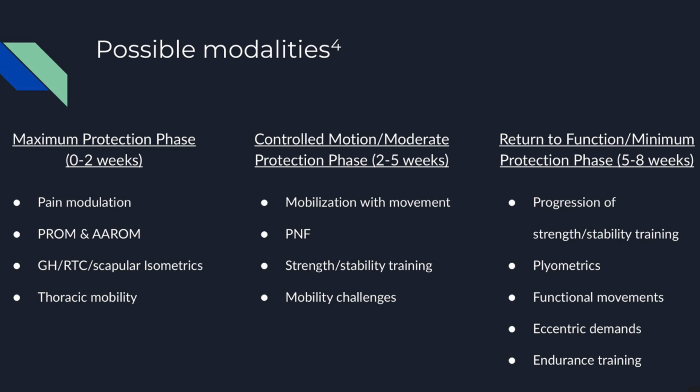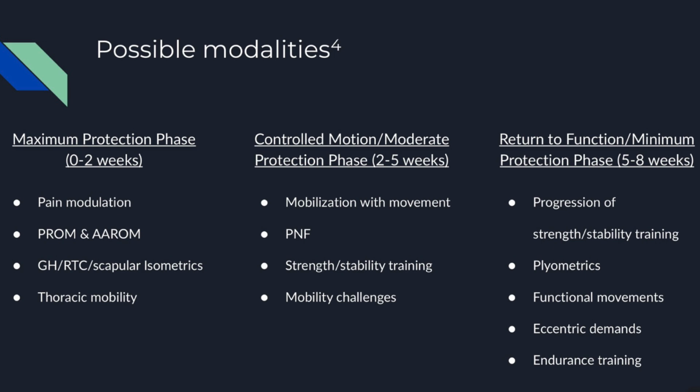Controlled motion or moderate protection phase, about 2 to 5 weeks. Mobilization with movement exercises, maybe have a band at the glenohumeral head pulling inferiorly and posteriorly to aid with glenohumeral flexion. PNF patterns, strength and stability training, and focusing on mobility challenges if you weren't able to get full range of motion.